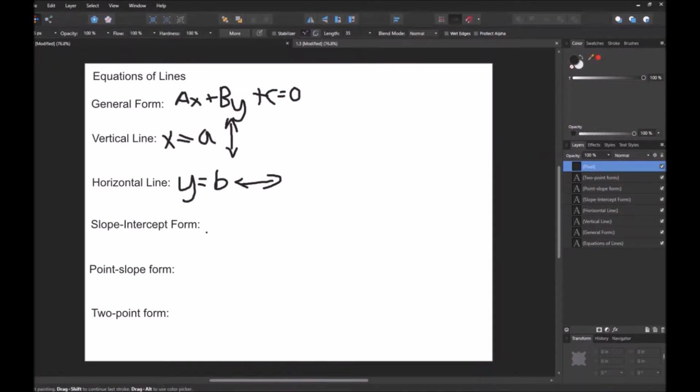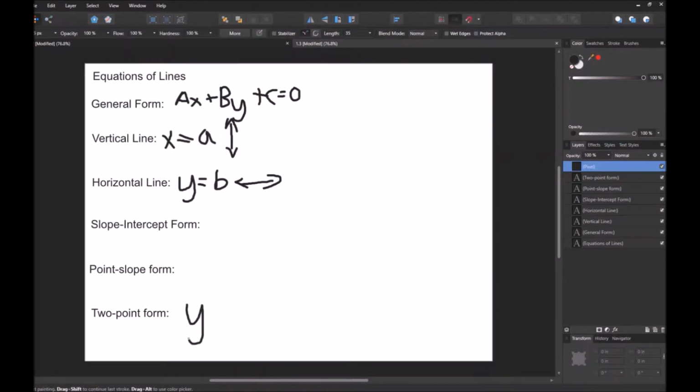Slope-intercept form, like we already said, is y equals mx plus b. I'm not going to bother writing that out, you can just go back in the video. Point slope form, once again, we already wrote that out. Now there's two-point form, which is almost identical to point slope form. It's just that instead of writing m, you write the equation to find m, which is y2 minus y1 over x2 minus x1.